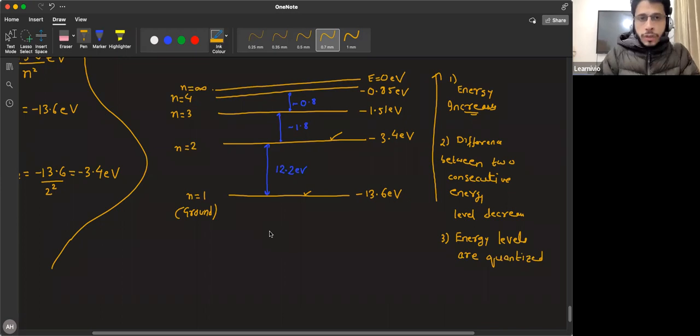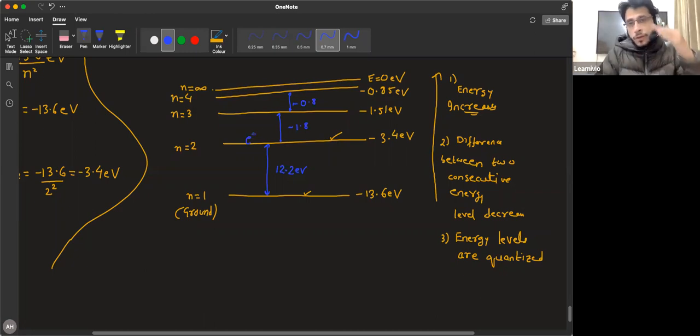After this, there's one more thing. Do you know what a spectrum means? Can anyone explain what a spectrum means? Continuous arrangement of radiation. Emission of radiation. See, what happens if you have a hydrogen atom and an electron in the excited state?